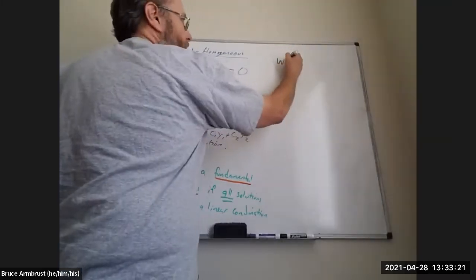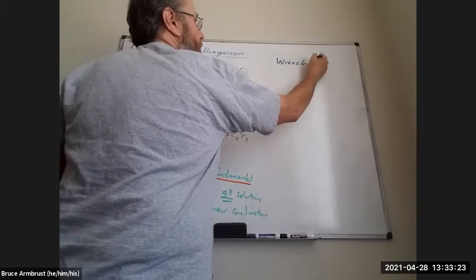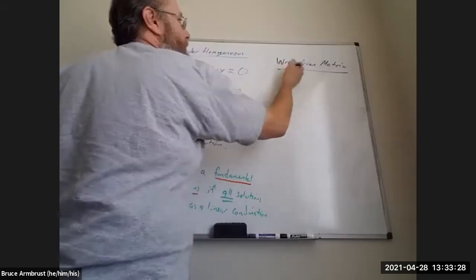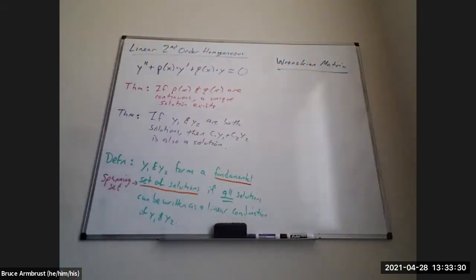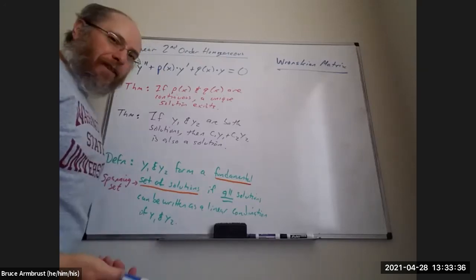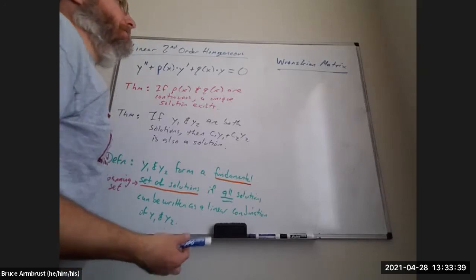But first of all, there's the Wronskian matrix. It's named after a guy whose last name was Wronski.